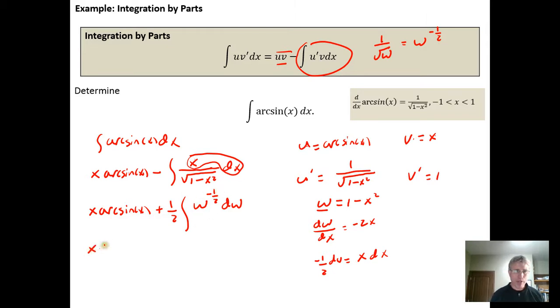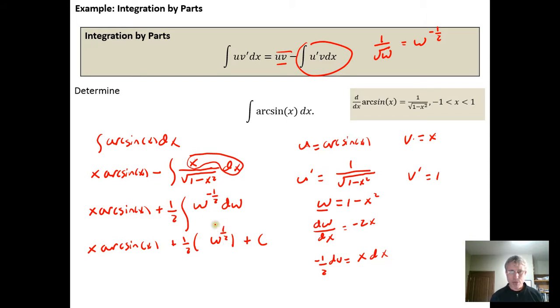So we step over here, x arc sine x plus 1/2 of the antiderivative of w to the negative 1/2 plus a constant of integration. To integrate this, we're going to need to increase the size of the exponent by 1. So negative 1/2 plus 1 is positive 1/2.